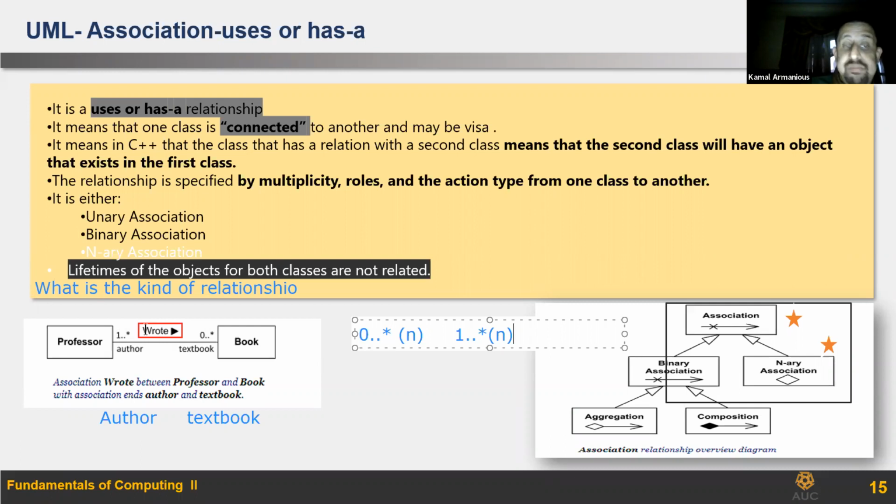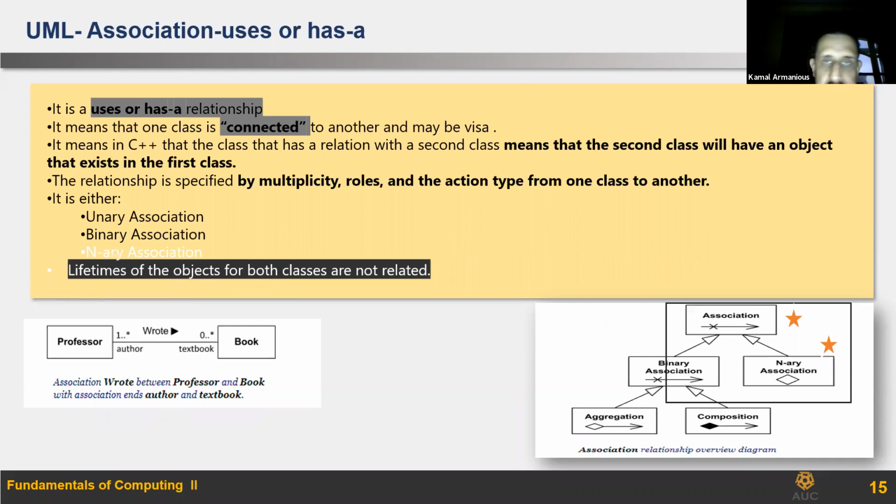The relationship name is wrote: the professor wrote a book. The professor can write no books or n books. The book is being written by one professor or n professors. The role of the professor is the author, and the role of the book in this relationship is being a textbook.